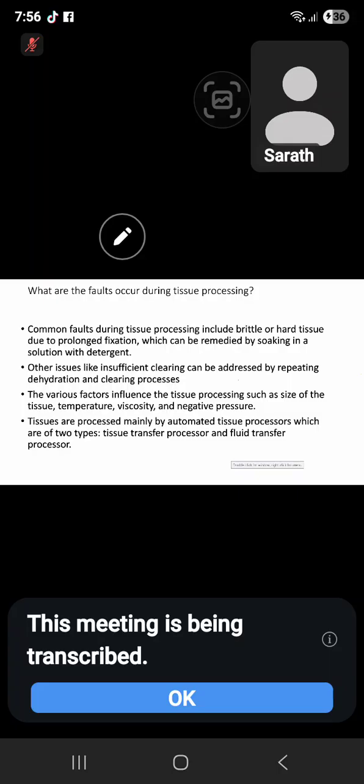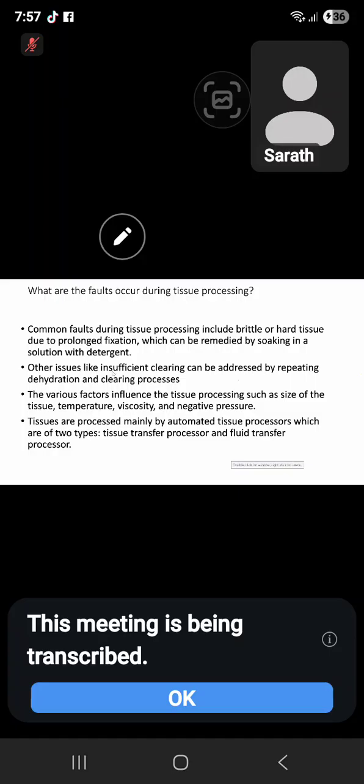You get the detergent solution and soak it. That is how you make it soft, right? People who are working in the histology department must have experienced that. Sometimes samples are very brittle, very hard, very difficult to cut, right? So at that time, you can soak it in detergent and make it soft.